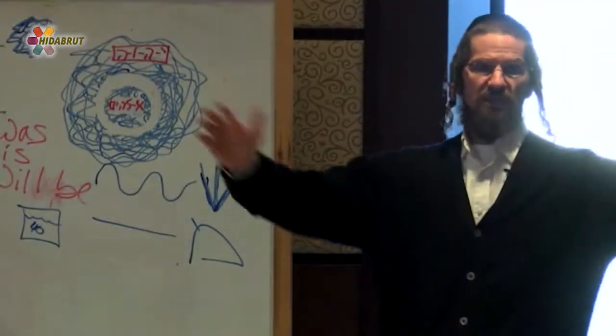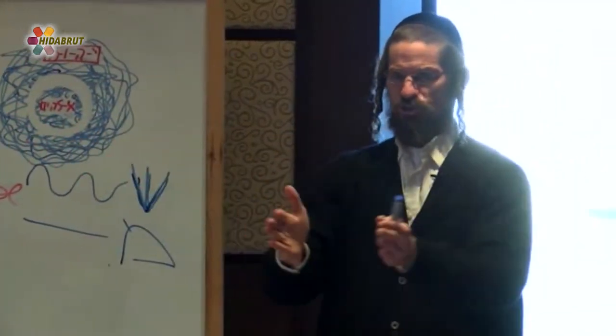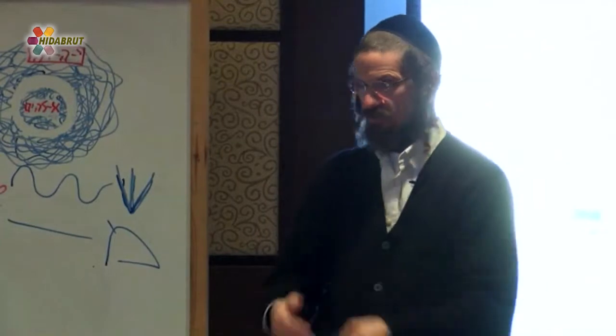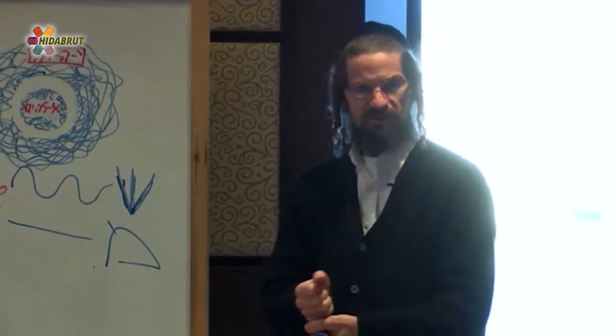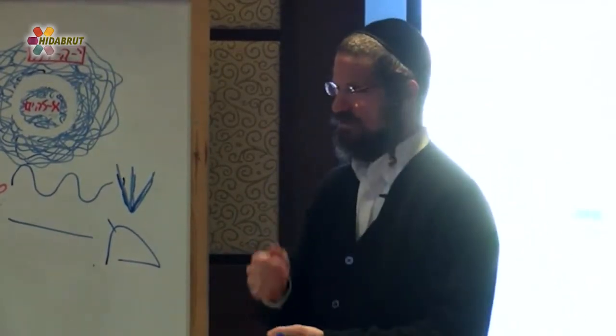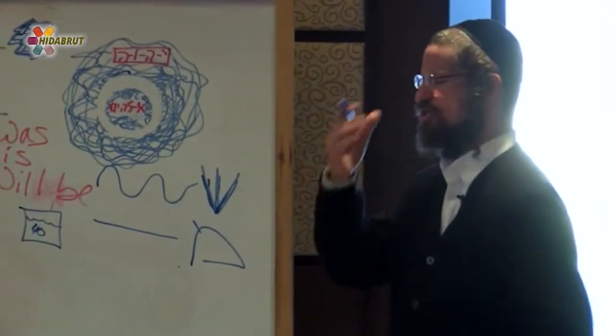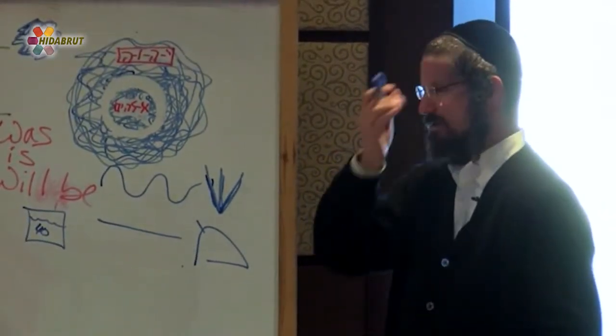So shin represents expansion, mem represents contraction, which is the same thing, contracting all four corners of the tzitzis in my left hand before I say Shema. And then I say Shema.